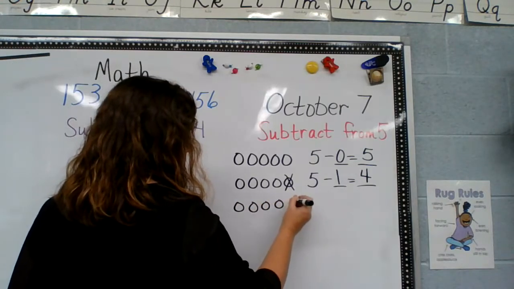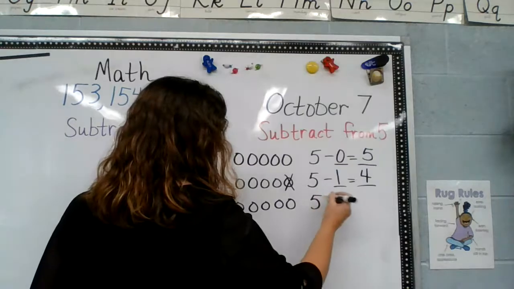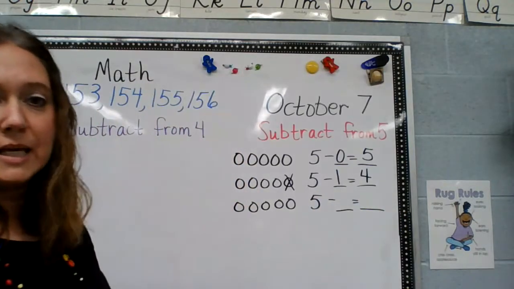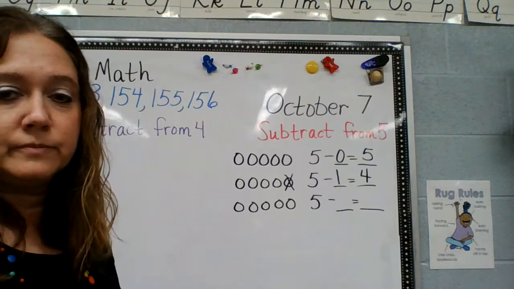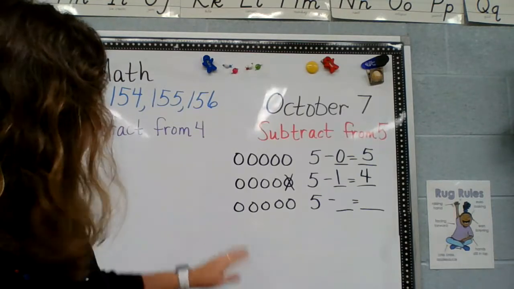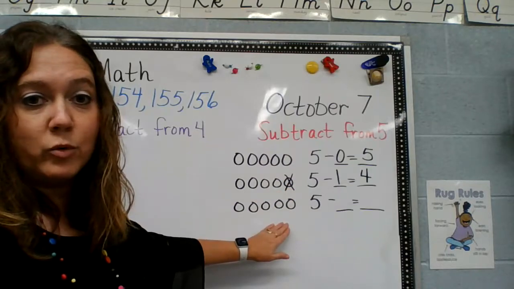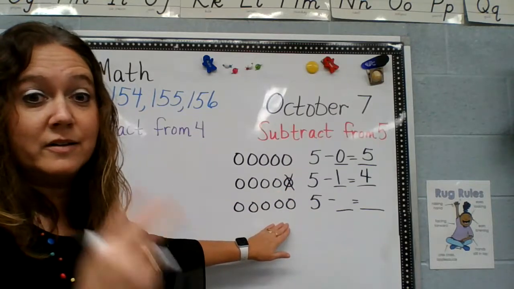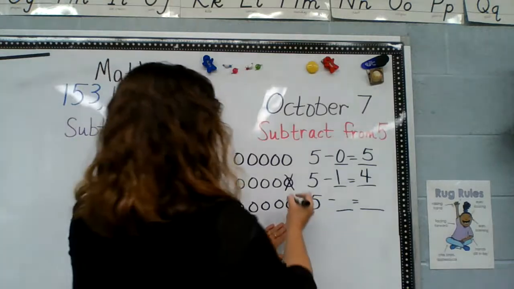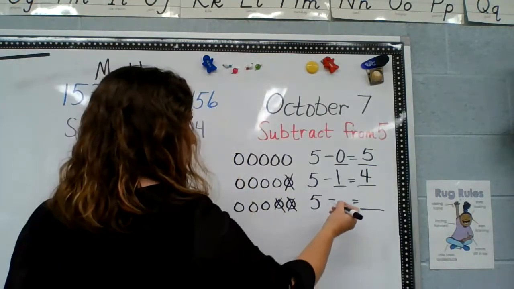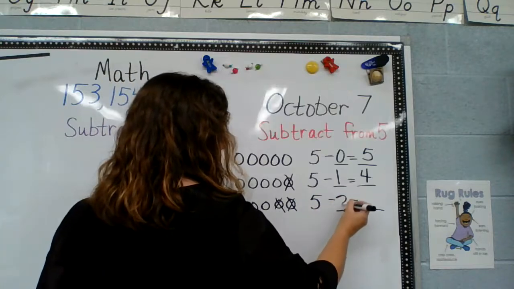We're going to draw 5 again and do our number sentence. 5 minus blank equals blank. Okay, we crossed off 0, we crossed off 1. This time we're going to cross off 2. 5 minus 2.